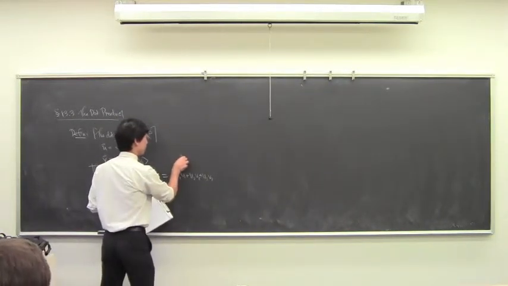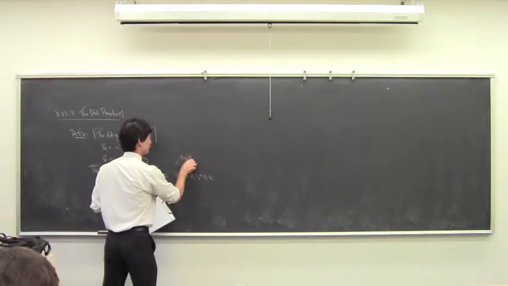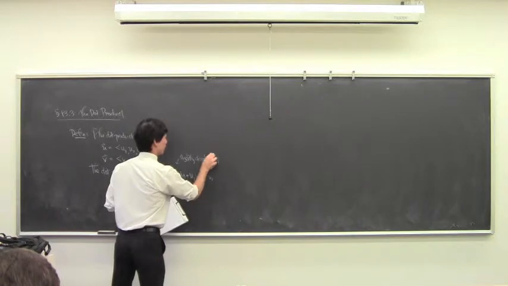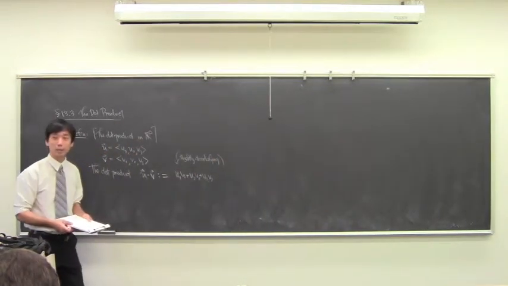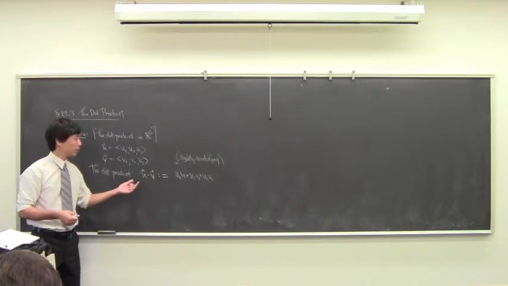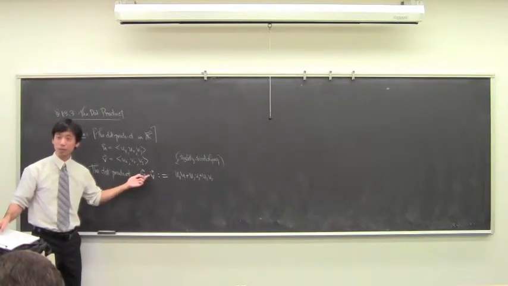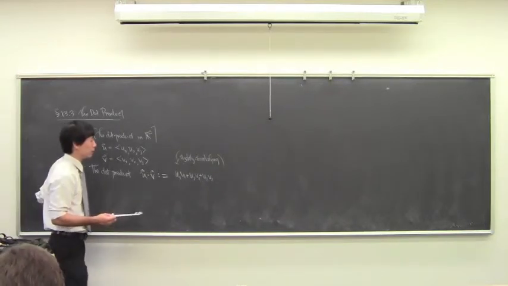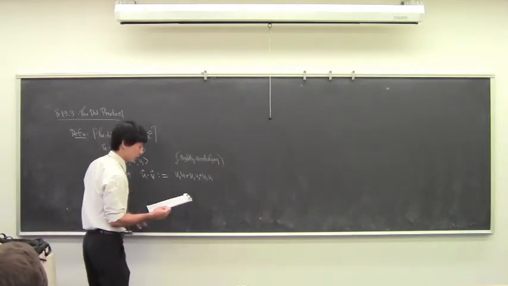Slightly dissatisfying. Because when you multiply two numbers, you get a number, but when you multiply these two vectors, you don't get a vector, you get a number. So there's something slightly, or maybe quite, dissatisfying about this.